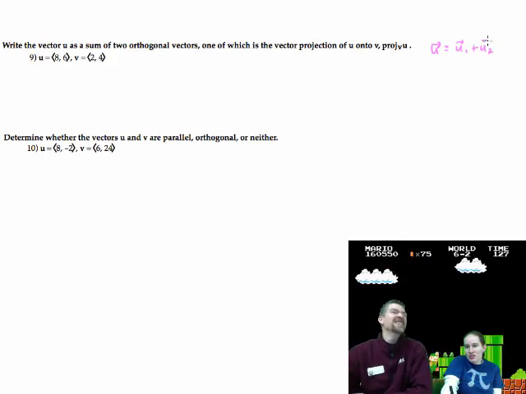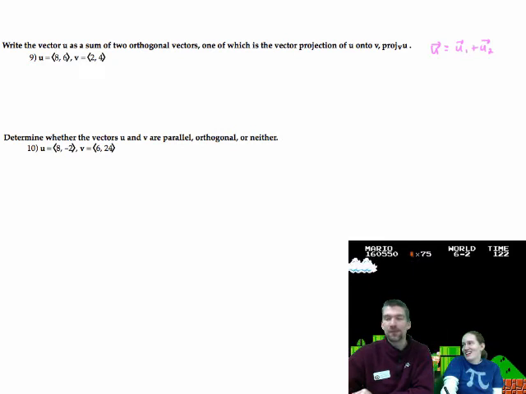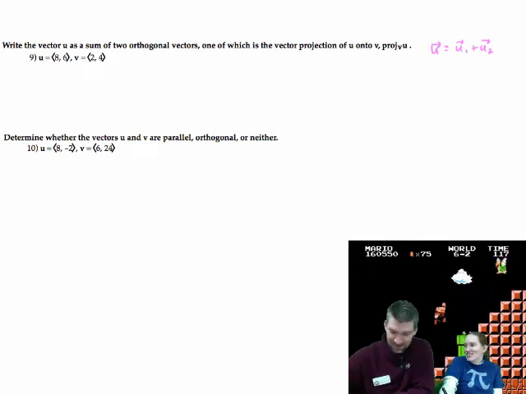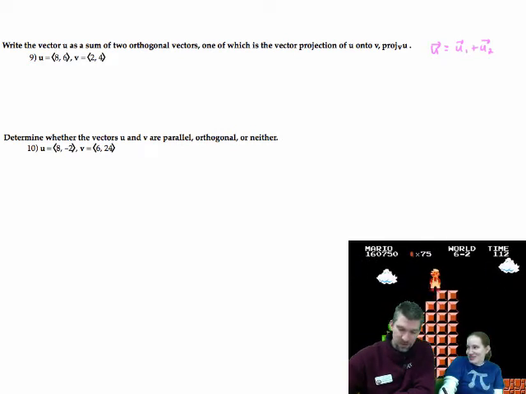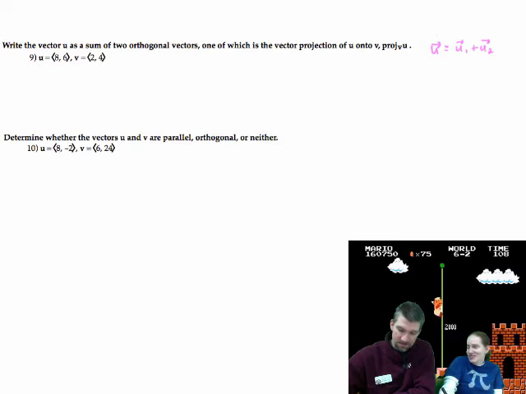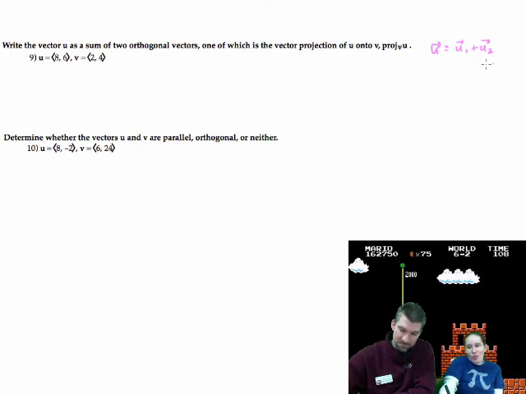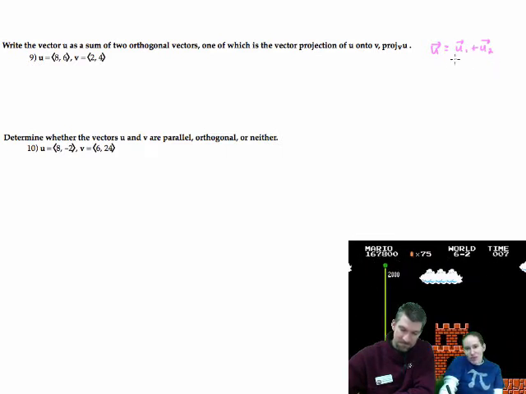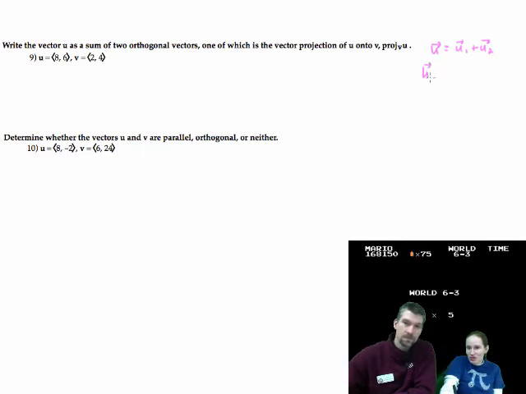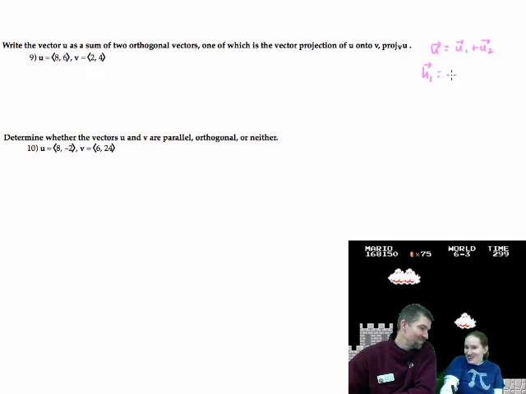Sum means addition. One of these, it really doesn't matter which one, is the projection of u onto v. So you might as well make that u1, since I have to say that more.